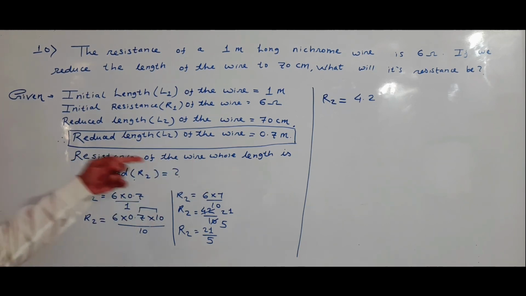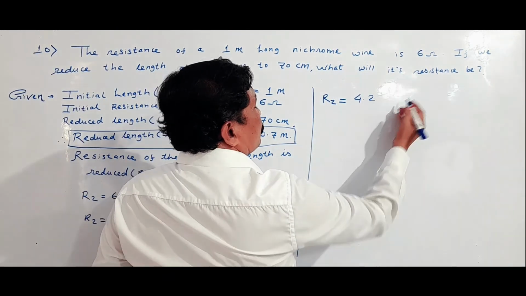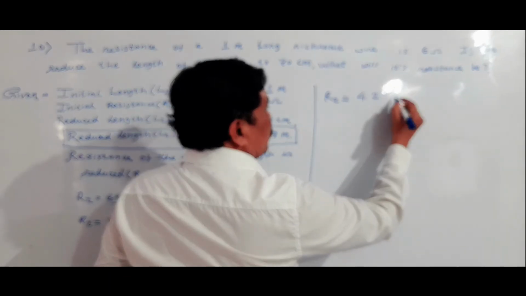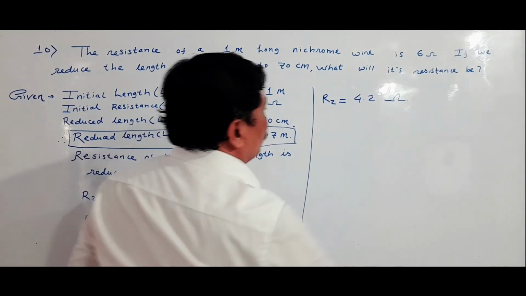R2 is the resistance of the wire. So the unit of resistance is ohm.